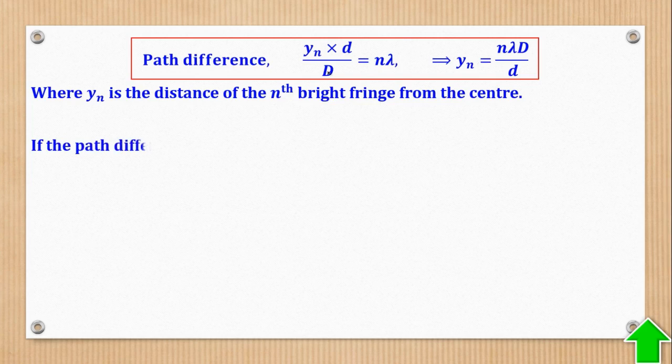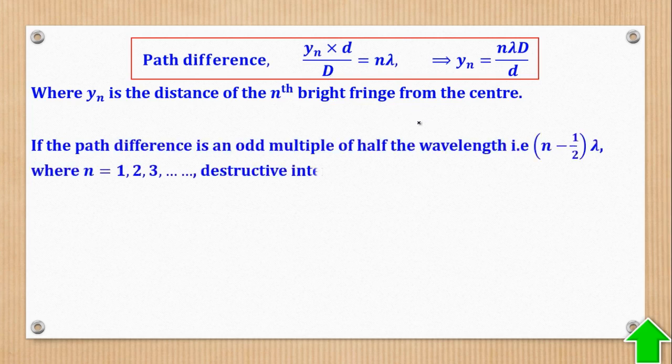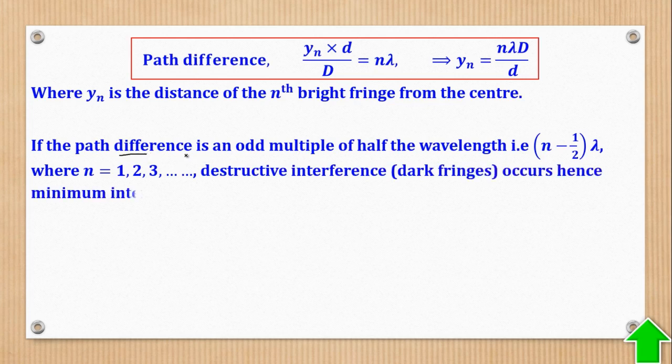But we also need the formula for a dark fringe. So for a dark fringe, the condition is that the path difference is an odd multiple of half the wavelength. So it is this. So we shall equate this to the path difference to come up with a condition for a dark fringe.